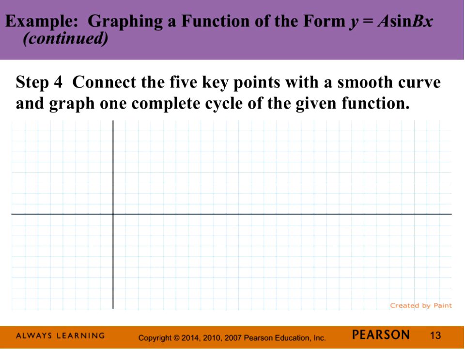Okay, so we're ready to put everything onto the graph. Let me just label my graph here. I'm going to put this as pi. I'm going to leave 4 units between these just to spread it out so you can see it a little better. So 2 pi, 3 pi, 4 pi.